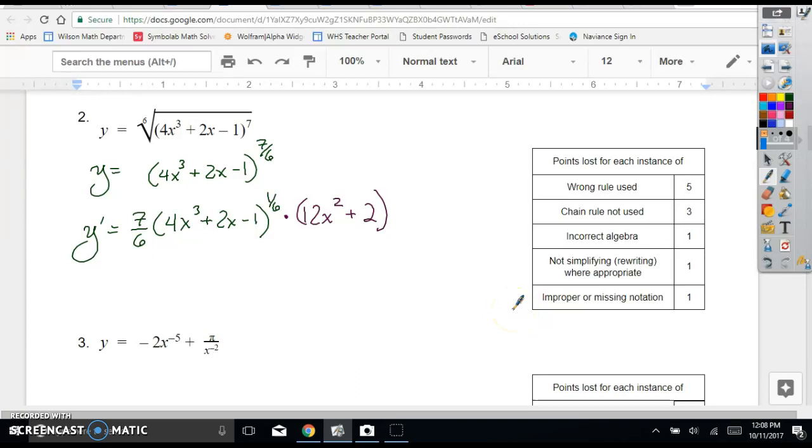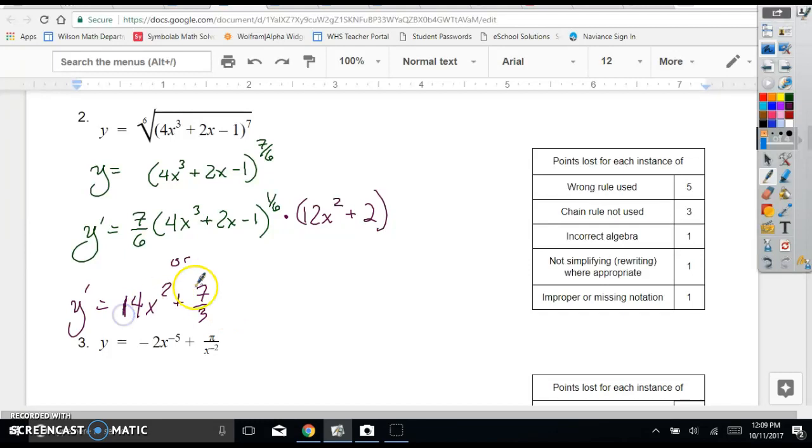So really all I need to do is, there's nothing really I can simplify here, because this is all under the radical. I could distribute 7/6 into that, but I would accept this. Or you could really write it as 14x squared plus 7/3.